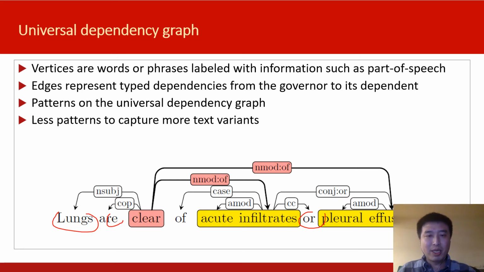In this example, we only need one pattern, "clear of something," and that pattern can simultaneously apply to two phrases in this sentence and do the detection. Otherwise, with a regular expression, this task is quite a challenge, because if we want to detect whether the pleural effusion is negative or not, we need to skip the words between "clear" and "pleural effusion," and we don't always know how many words we need to skip in the sentence.